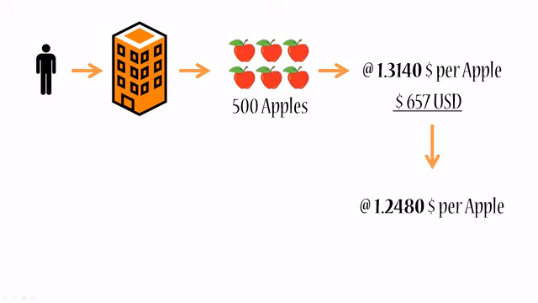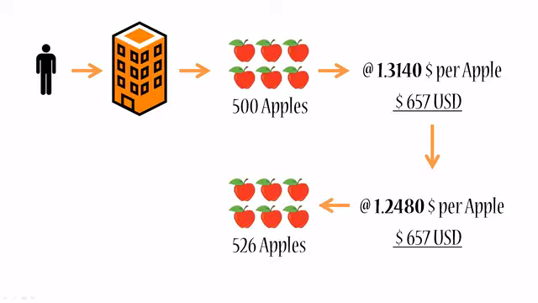So once the price for apples drops and it hits about 1.2480 American dollars per apple, guess what? You still have those $657 that you got in exchange for your apples a couple of days or weeks earlier. So what are you going to do with these $657 now? Well, you're going to go and buy back apples.